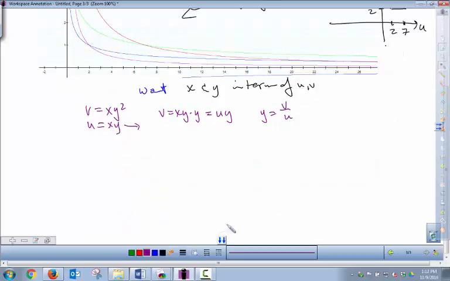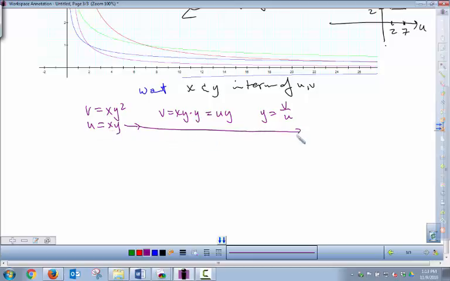All right. So if we have y equal to v over u, what else can we do? Plug back into maybe the one with the x.